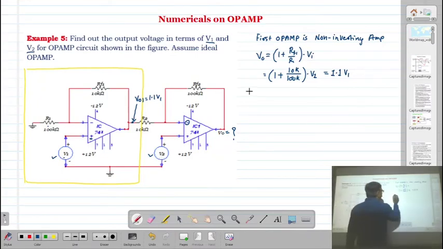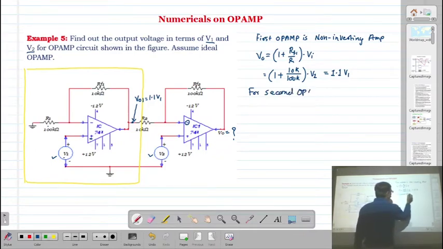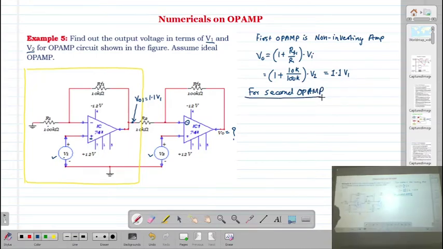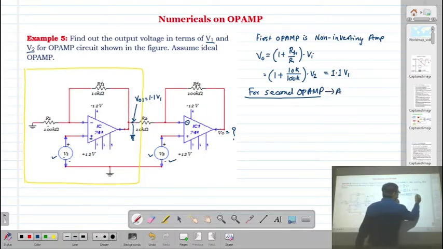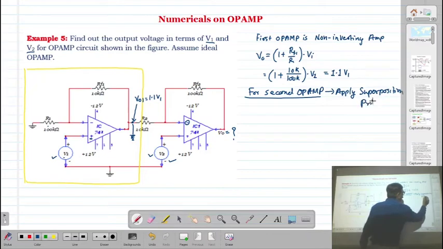So here we write for the second op amp. We apply the superposition principle. Let us say this input is connected to the ground, and we calculate the output voltage due to V2.